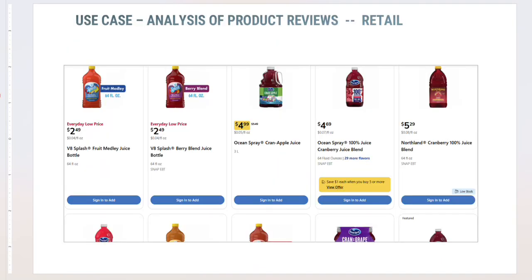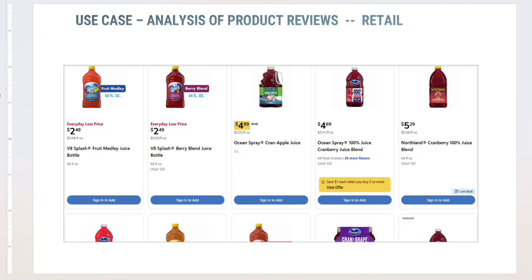Now I want to introduce a specific use case, and we want to demonstrate how the system works based on the analysis of product reviews. And these product reviews were collected from public sources, and our example is related to a large retail chain, grocery chain.